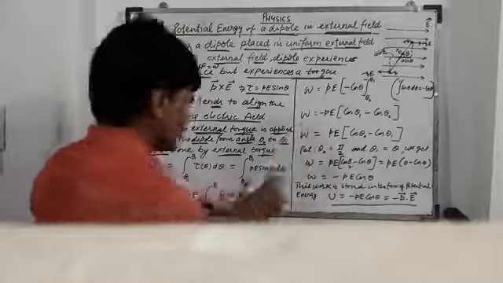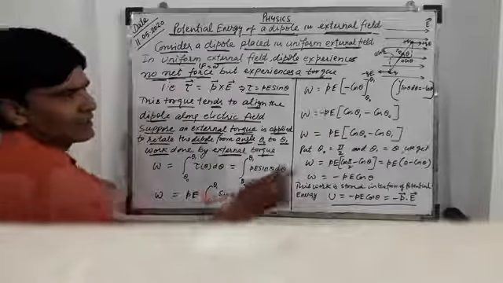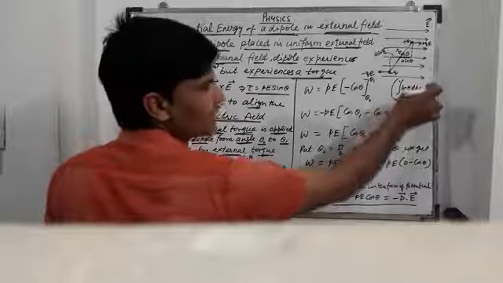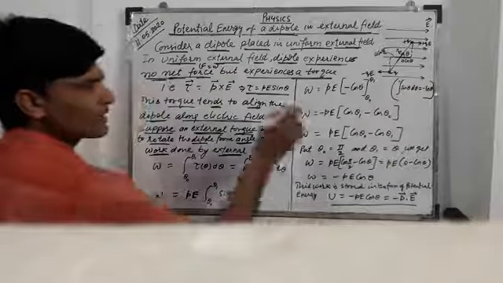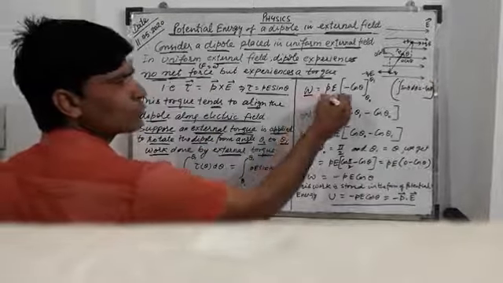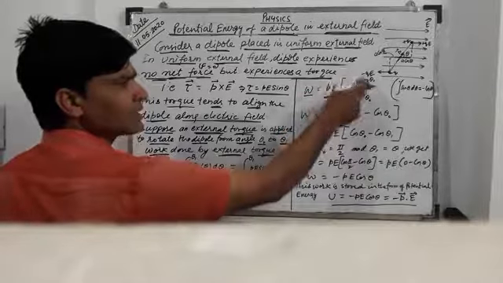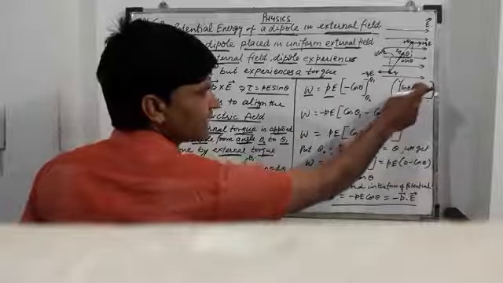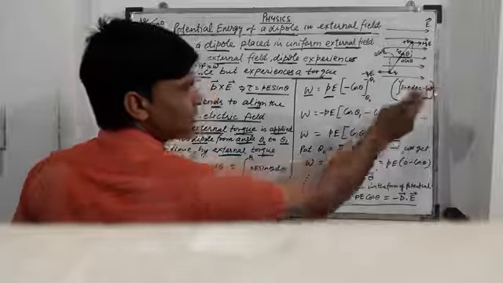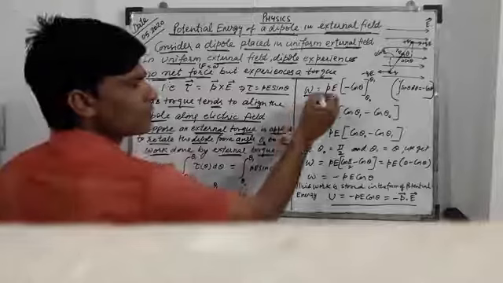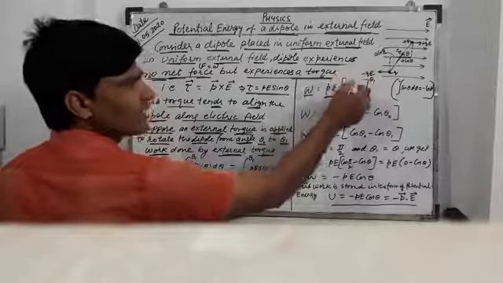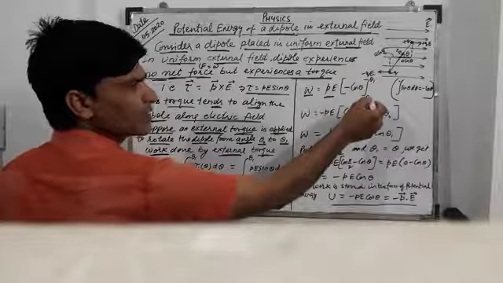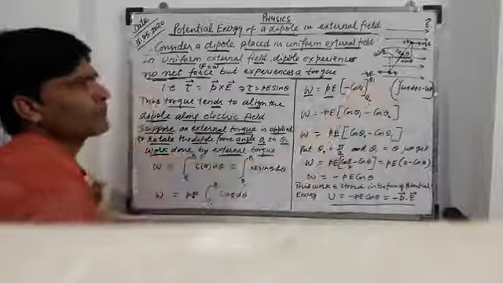Then the integral of sin theta d theta is minus cos theta. So W is equal to PE times bracket minus cos theta from theta naught to theta 1.